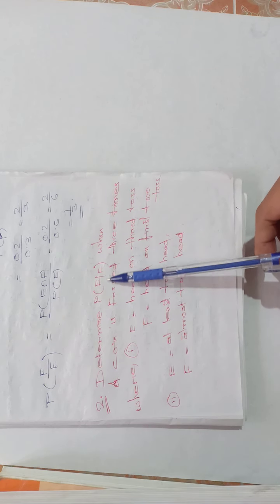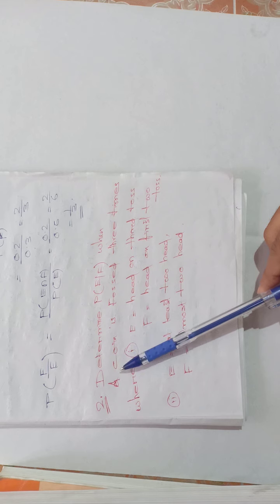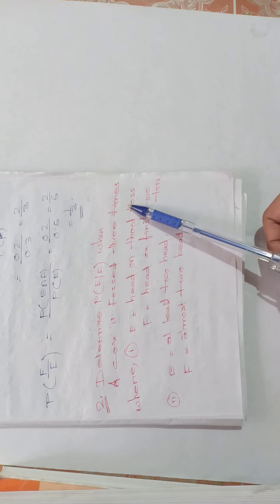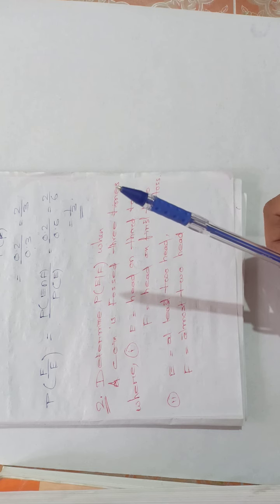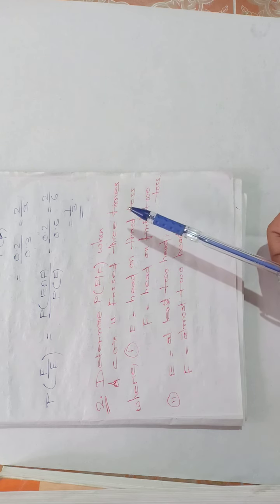to determine P(E/F) when a coin is tossed 3 times. So students, the sample space will be the outcomes when a coin is tossed 3 times. Now the two events E and F are given.